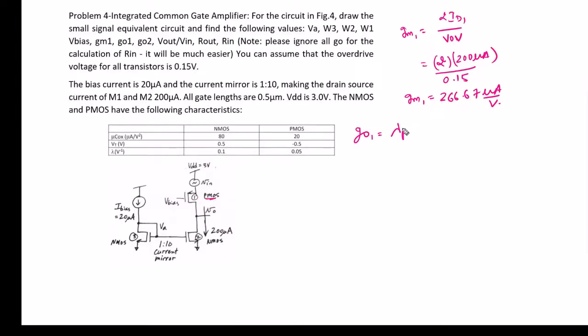so we can write it as lambda P ID1. So lambda P is given as, instead of the minus value we have to use the mod value, because this admittance or resistance cannot be a negative value.